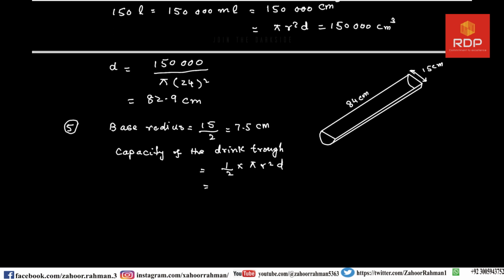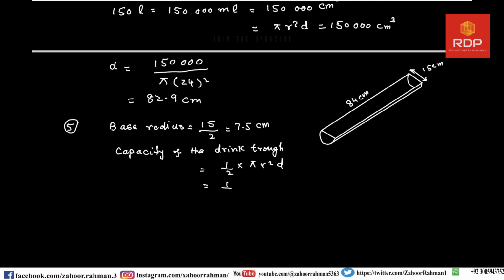Now we are going to put the values inside: pi, and then we have to put 7.5 as the radius square, and then 84 is the height. You can see that from the height of cylinder.